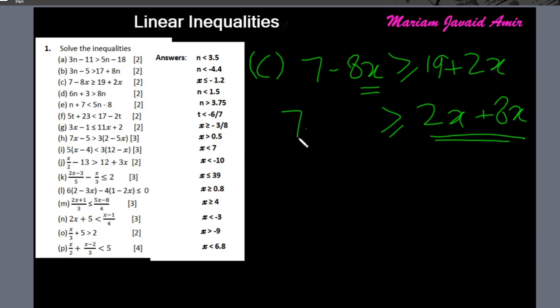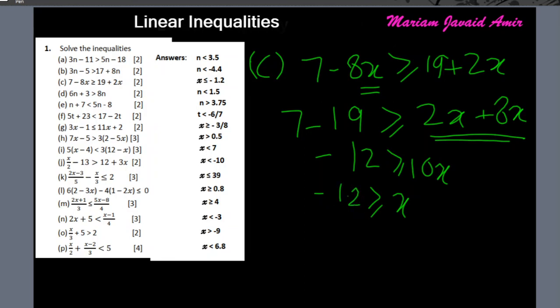Alright, and then we have 7 minus 19. This will become minus 12 greater than or equal to 10x, and then x is this symbol minus 1.2.